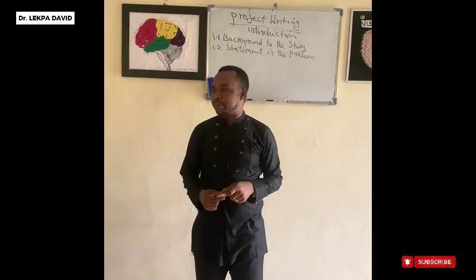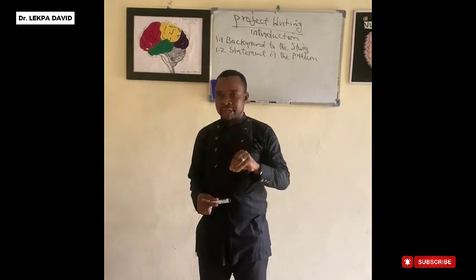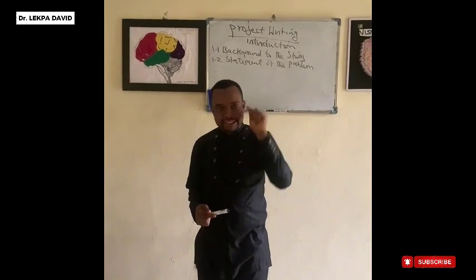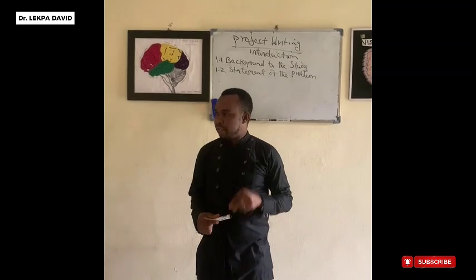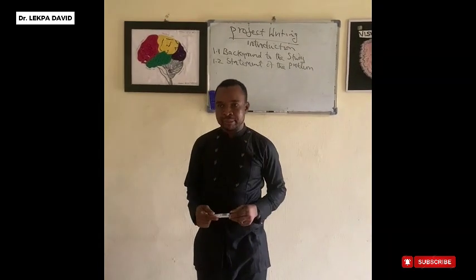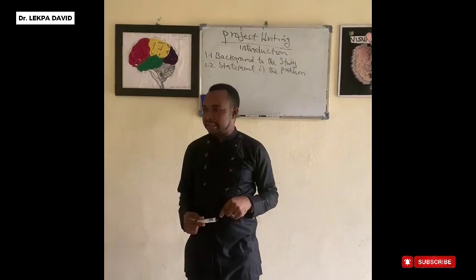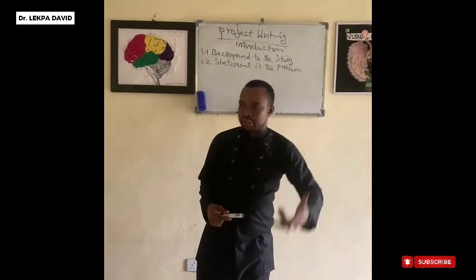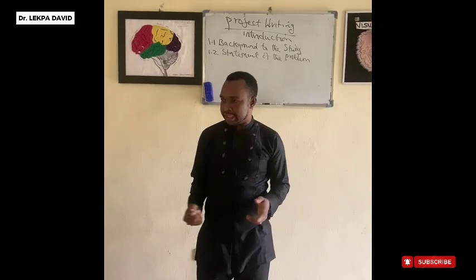What is the existing problem? You state it. When someone is reading your statement of the problem, it should be clear and concise to see that this is the problem, not the solution. State the problem that you have found, that brought out your curiosity to carry out this research work.